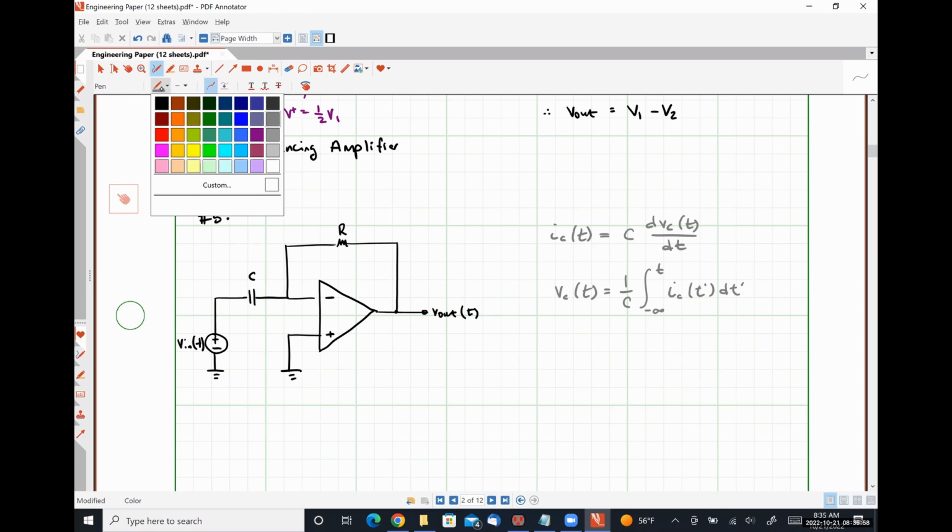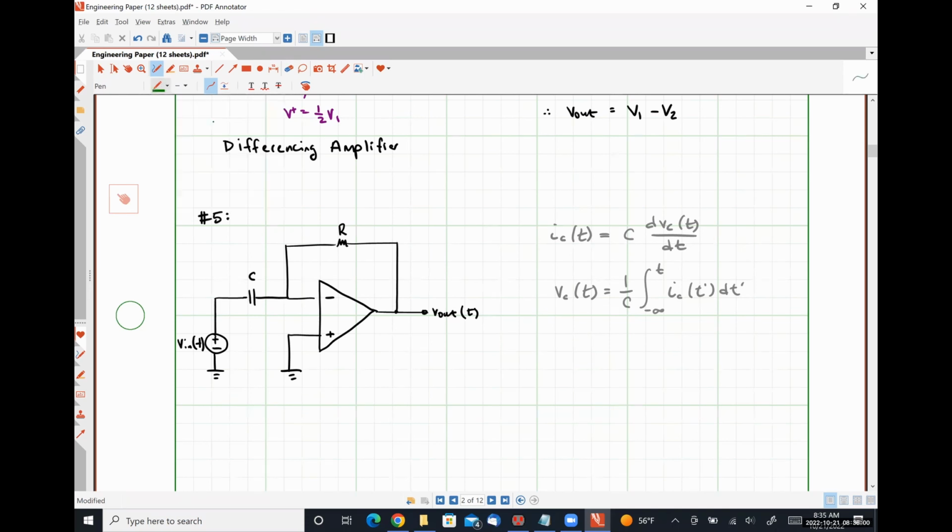So while I am at it, I'm going to call this voltage VC of t. And this current IC of t. We're still largely going to use our same simple three-step process to figure out what this thing does, but we're going to have to also tie in our relationships for how a capacitor behaves, okay?